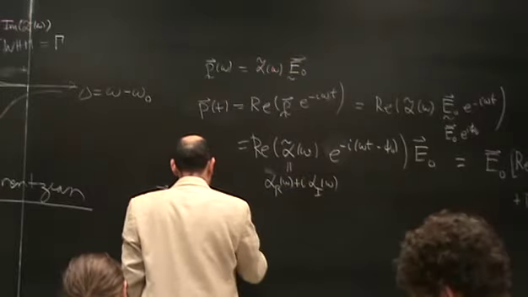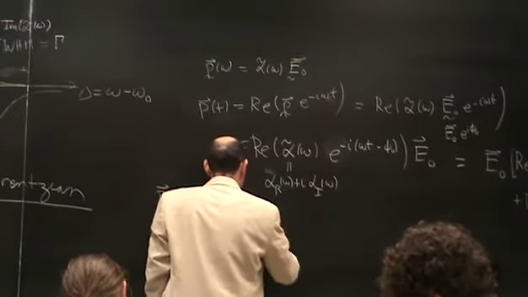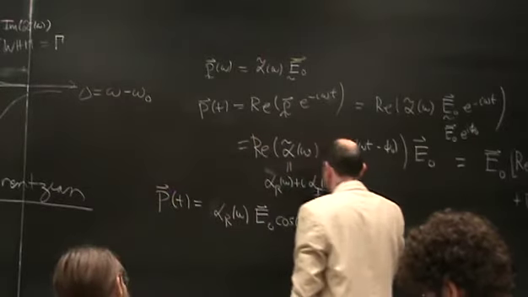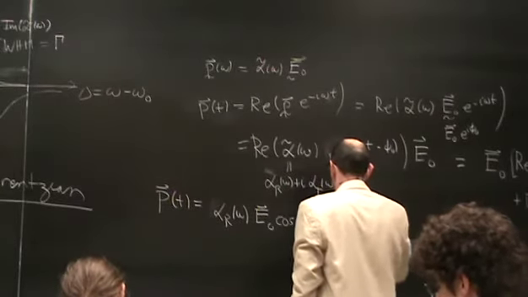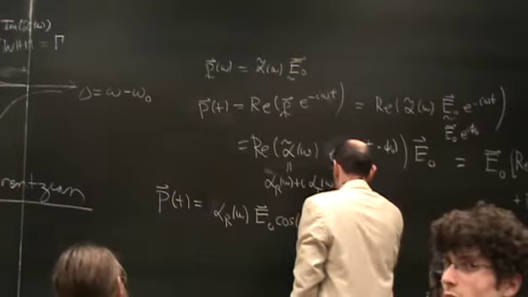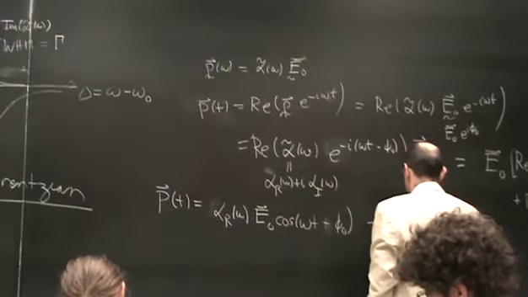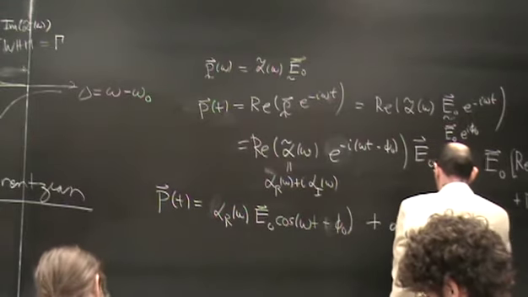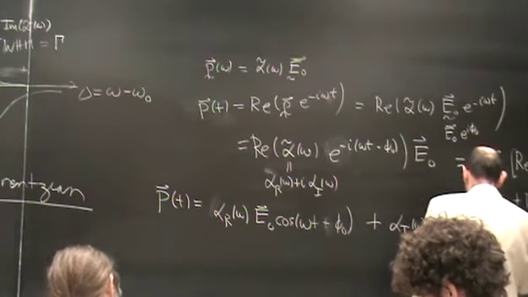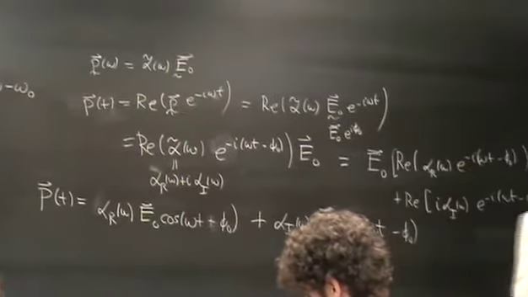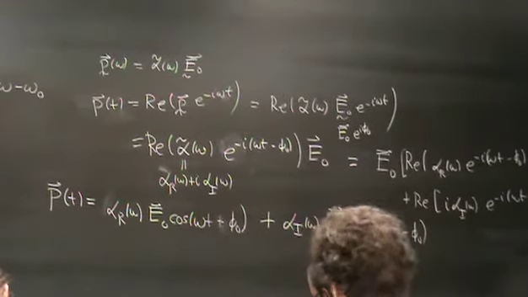So what we find after all is said and done is that the induced dipole moment is equal to the real part of the polarizability times the incident field, which was this, plus the imaginary part, E0 sine omega t. And this is one of the key points.